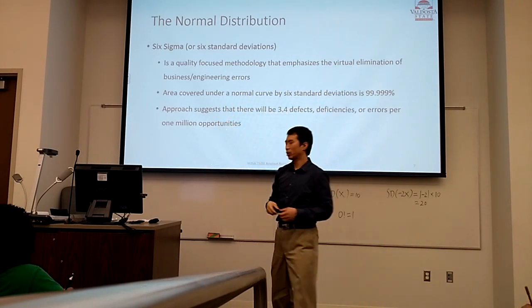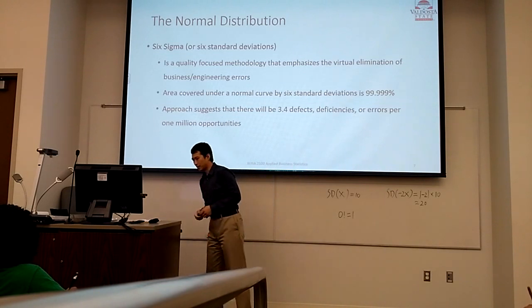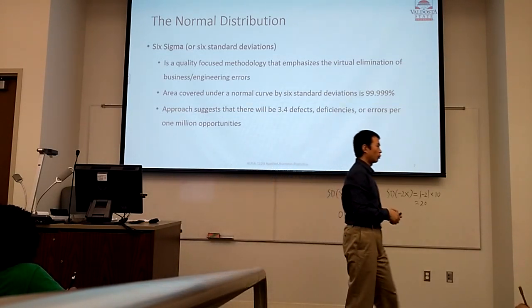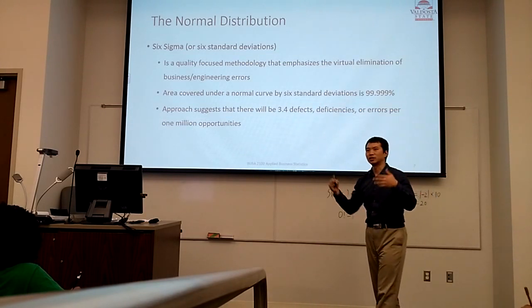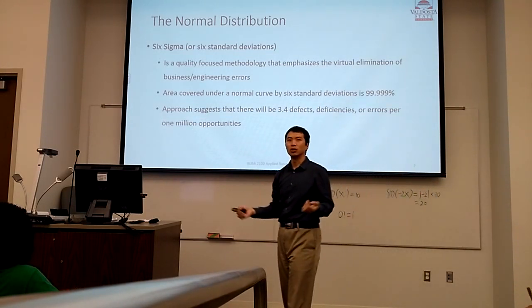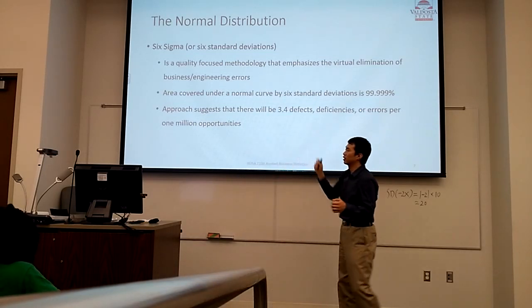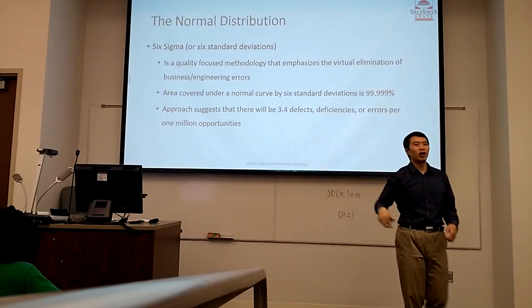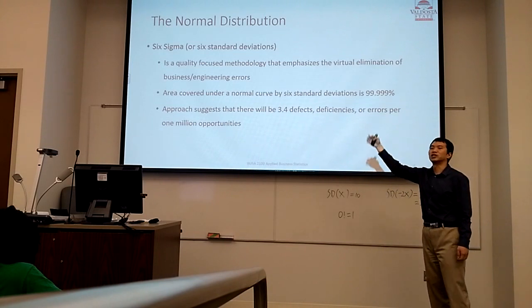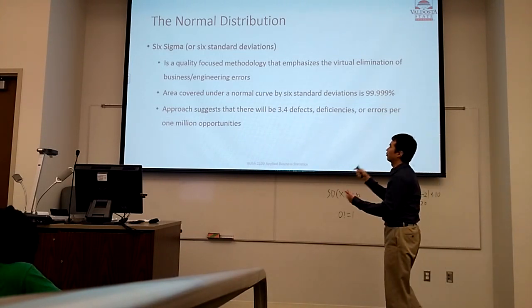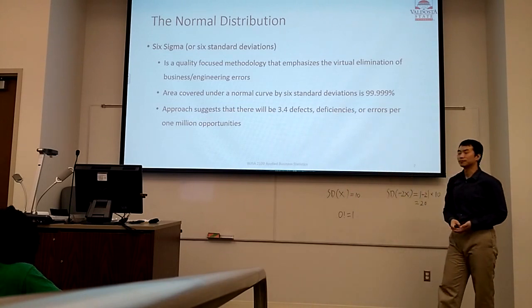If you are a management major and you take production and operations management, supply chain management, or logistics, you will learn this concept. This Six Sigma concept comes from what we just discussed. It's a quality-focused methodology.